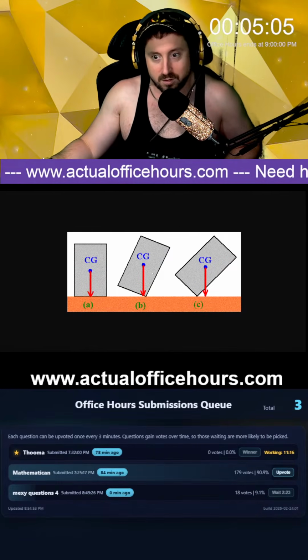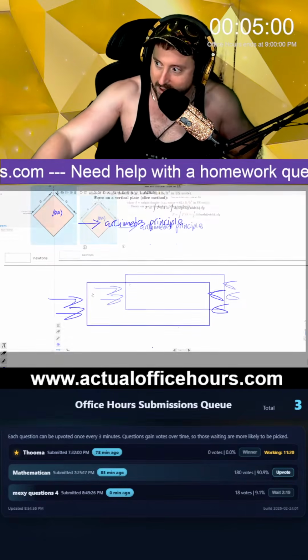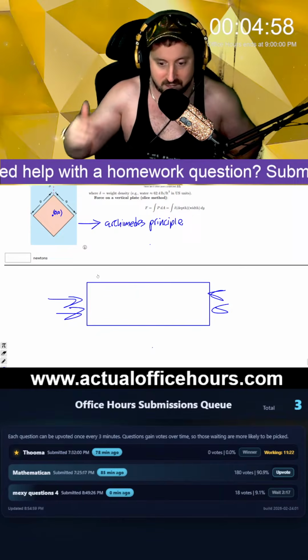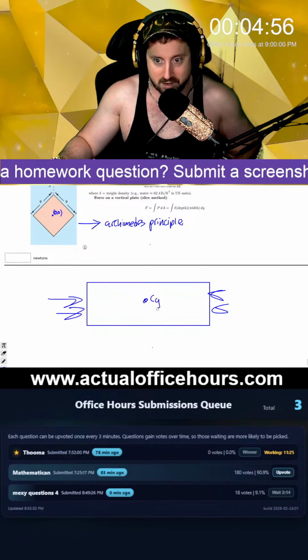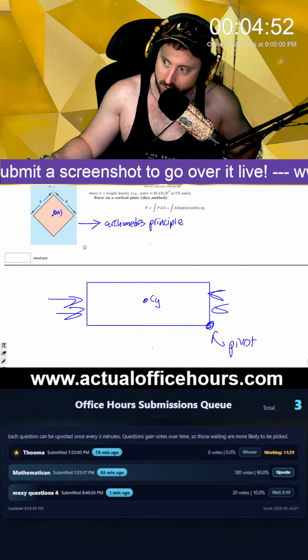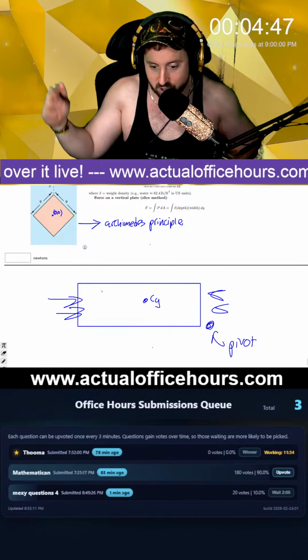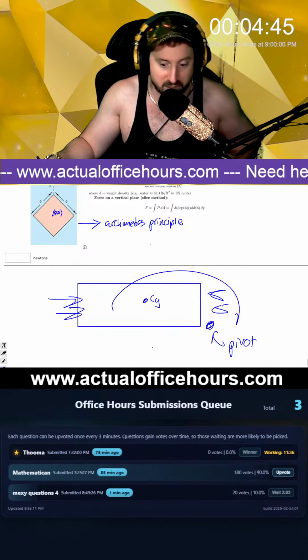This makes sense. I've done this before. So when you're trying to design something not to tip, you want the center of gravity and the pivot point to be very far from each other. Because then it takes a lot of rotation for it to tip completely.